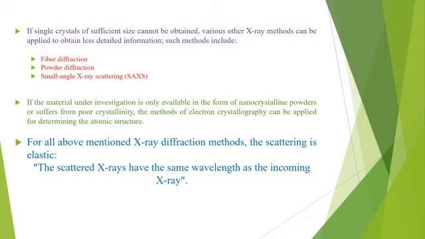And for all the above mentioned X-ray diffraction methods like fiber diffraction, powder diffraction, small angle X-ray scattering, the scattering is elastic. The scattering is elastic means the scattered X-rays have the same wavelength as the incoming X-rays.